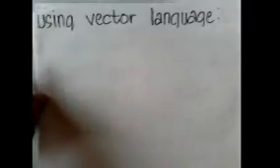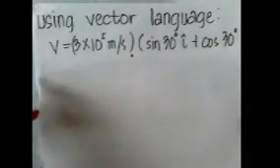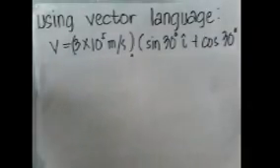Here, using the vector language, we are given the velocity 3 times 10 to the 5 meter per second in the xz plane.